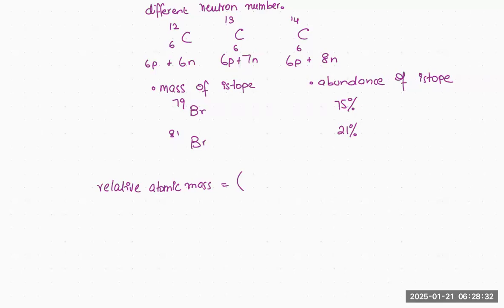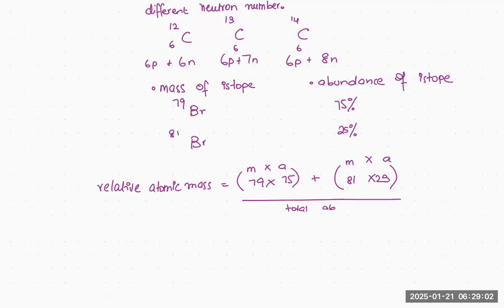So the mass is 79, the abundance is 75, plus mass multiplied by abundance, where the mass is 81 and the abundance is 25%. You are going to divide this by the total abundance, so the total abundance is going to be 75 plus 25. You put everything in the calculator and you get your values.